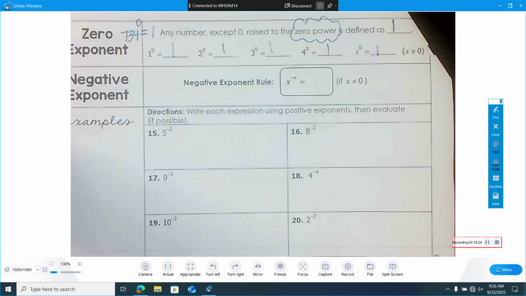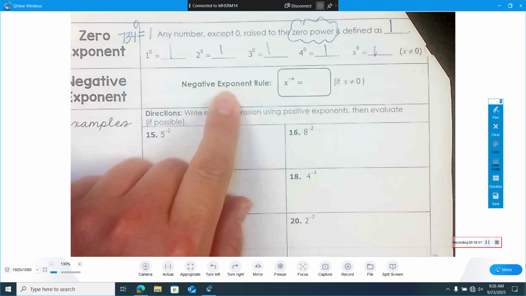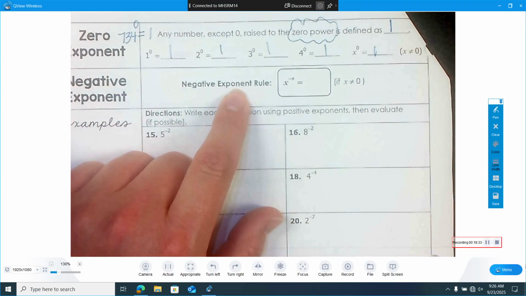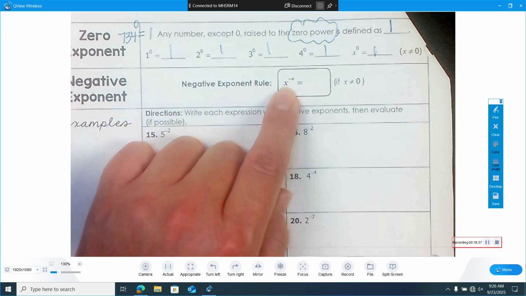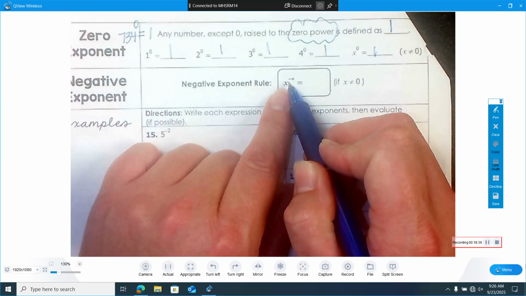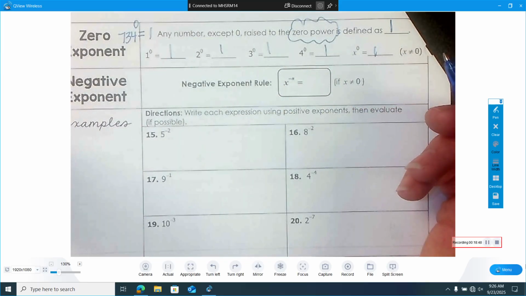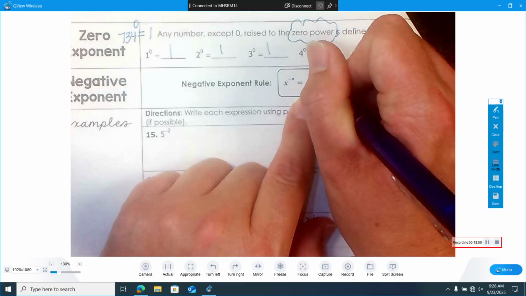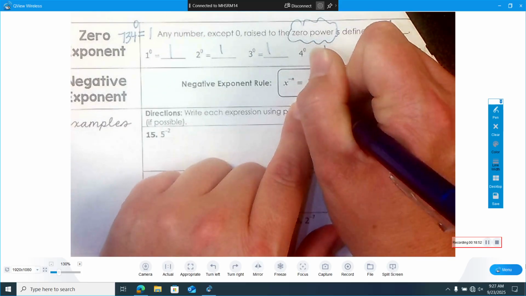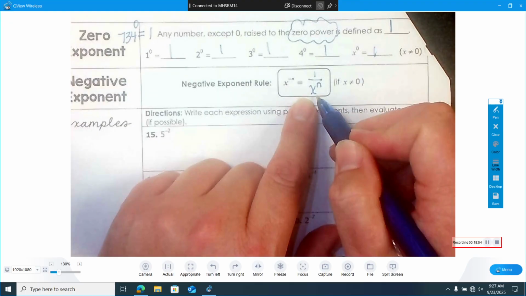All right. Now, we also have a negative exponent rule. Any number with a negative exponent, just a negative in front of it, means that it wants to trade places and flip down into a denominator.